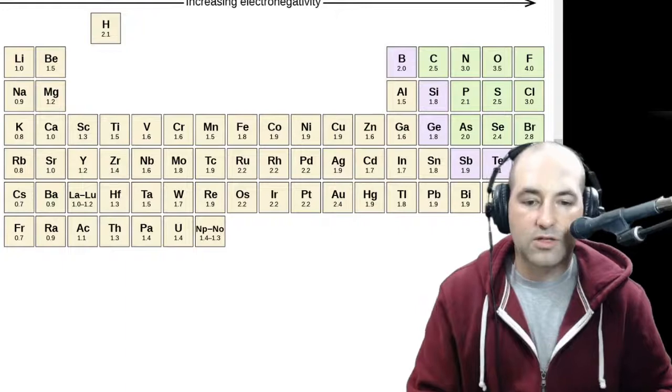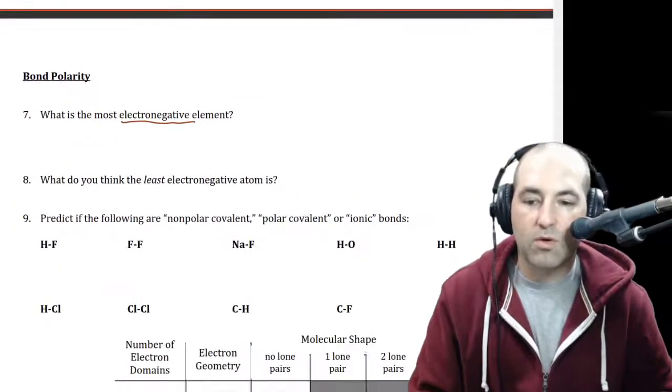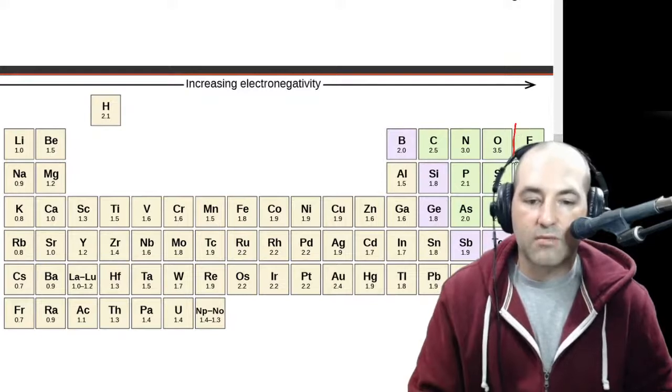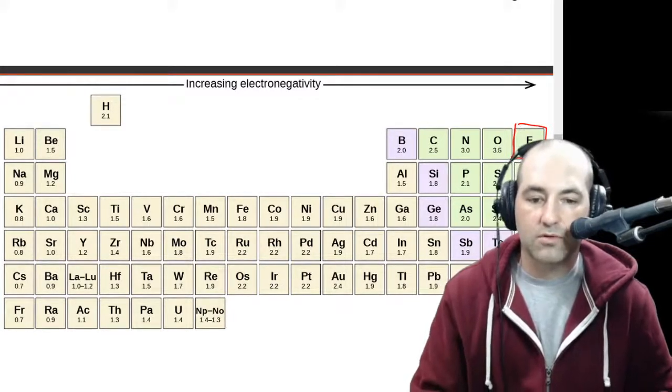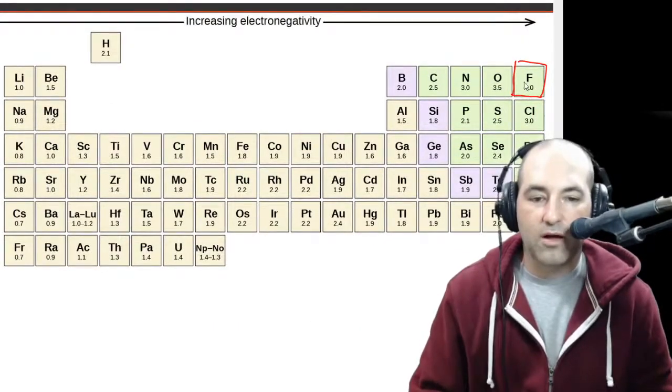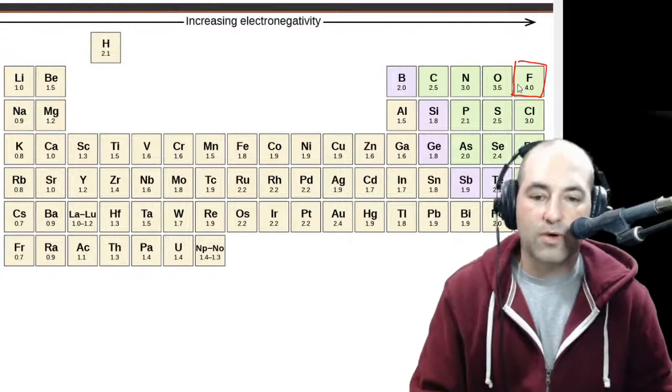So we're going to answer questions like, what is the most electronegative element? The most electronegative element is fluorine at 4. Oops, it's a little bit over my head here. Okay, up there. So fluorine, electronegativity of 4. That's the highest one.